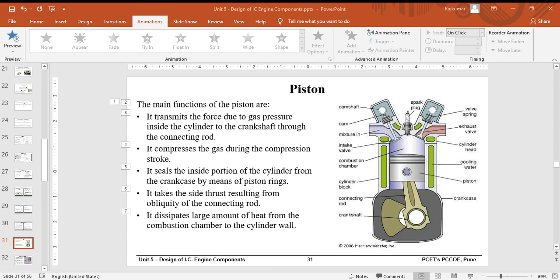Between these two values you can keep the thickness of the ribs, where Tr is the thickness of the ribs and Th is the thickness of the piston head. So in brief, the number of ribs is generally taken between 4 to 6, and the thickness of the rib is expressed in terms of the thickness of the piston head.